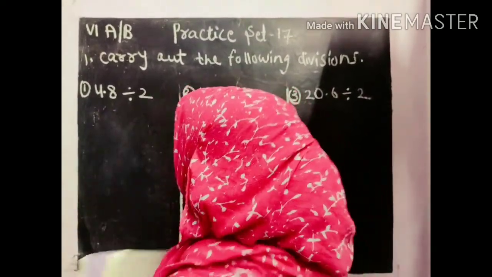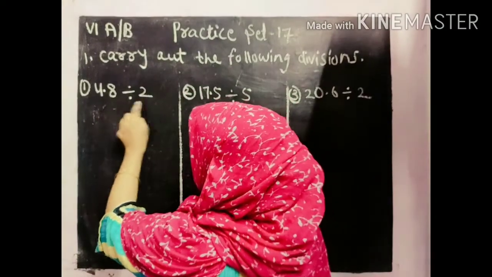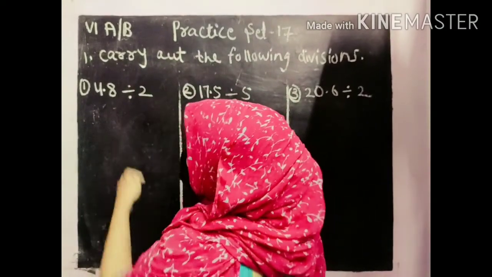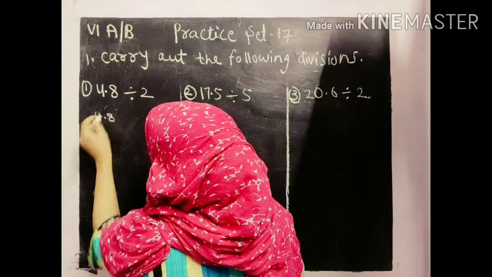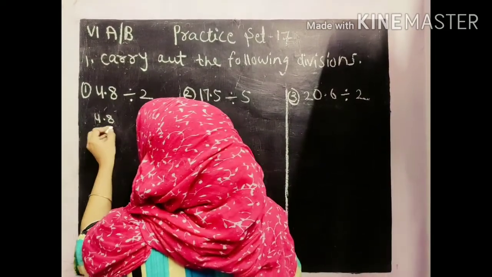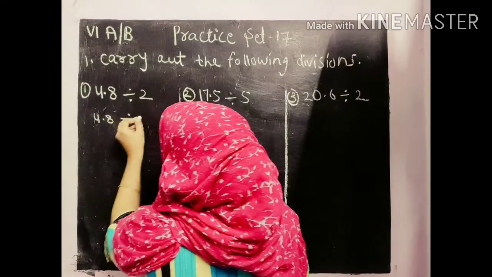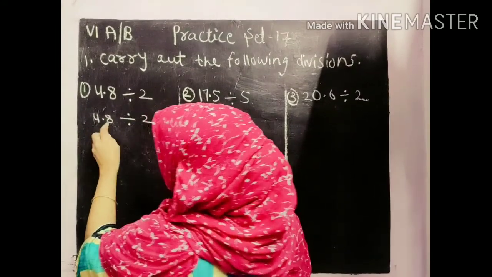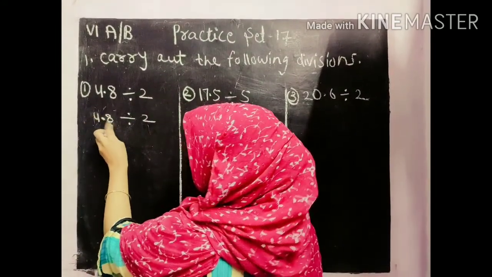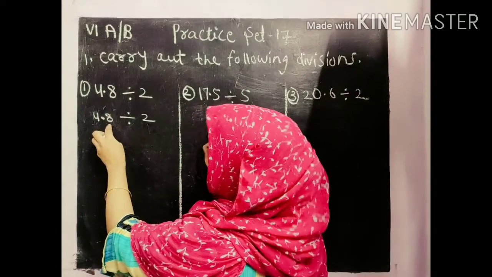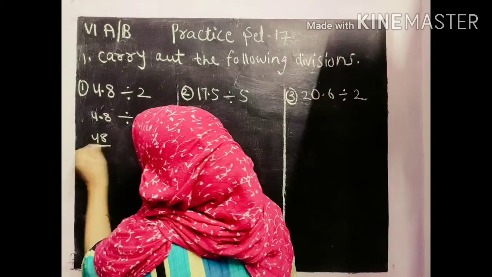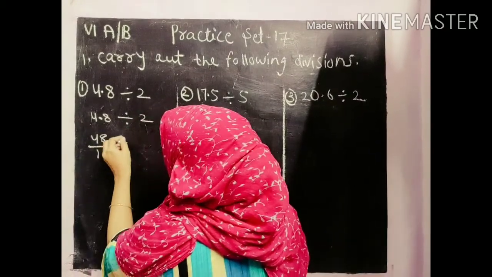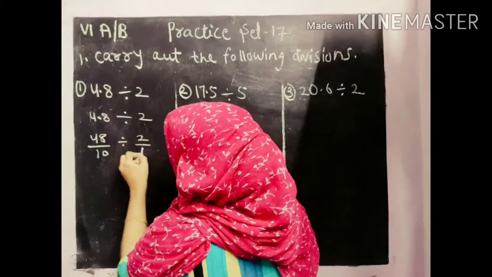Here 4.8 divided by 2 is given. So first we will write 4.8 divided by 2. After the point only 8 is given, and 8 is in the tenth place. So we will write 48 upon 10 divided by 2 upon 1.